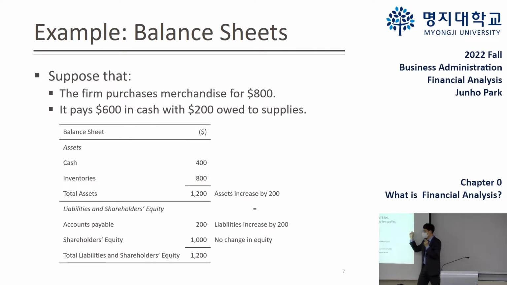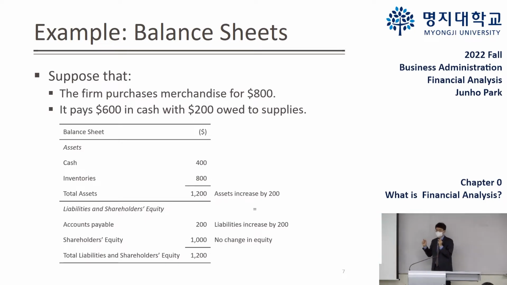And if you look at the other side, liabilities have increased by 200 from the accounts payable item, but no change in equity. So by summing these two changes, you again get 200, which is the same as for the assets. So again, for this transaction, the equation holds.